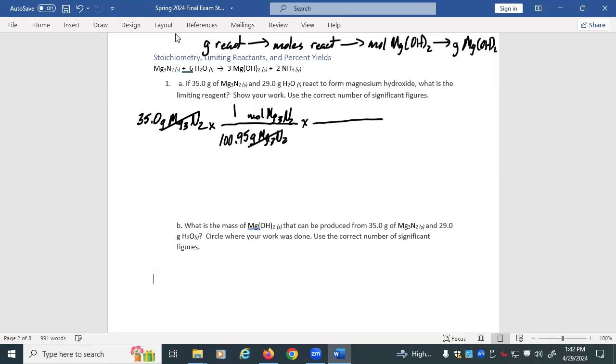Now I go to turning moles of magnesium nitride into moles of magnesium hydroxide. For that, I need the balanced chemical equation. 1 magnesium nitride makes 3 magnesium hydroxides. And then the last step, I need to turn the moles of magnesium hydroxide into grams.